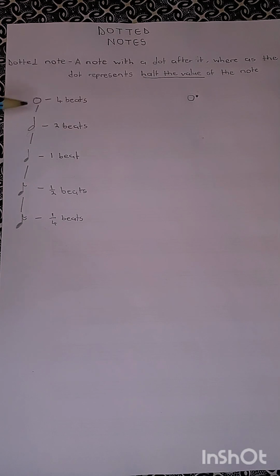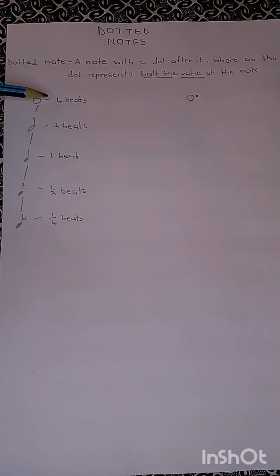Now we know that the value of a semi-brief is 4 beats, and we know that the value of a minim is 2 beats. Now if we say that half of a semi-brief is a minim, it means that half the value of the semi-brief is the minim's value. It's equal to the minim's value.